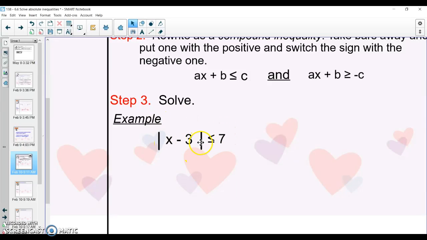So, what does my first piece tell me? Get rid of anything outside of my absolute value signs. I see nothing outside of my absolute value signs. Okay? So this is telling me that the distance between whatever I have is less than or equal to 7. This could be very abstract for you right now.